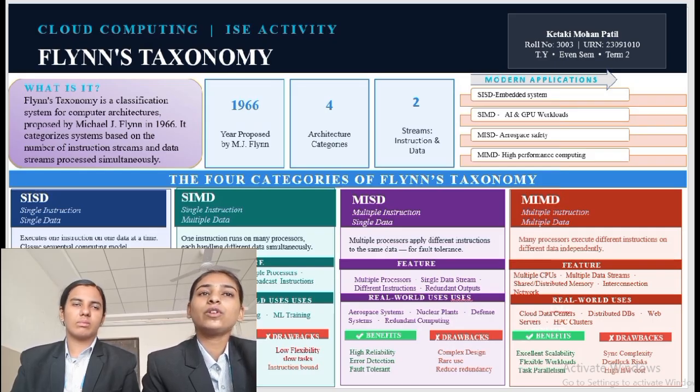It also has another advantage, error detection. We can easily detect errors in this architecture, by comparing one output with another output.